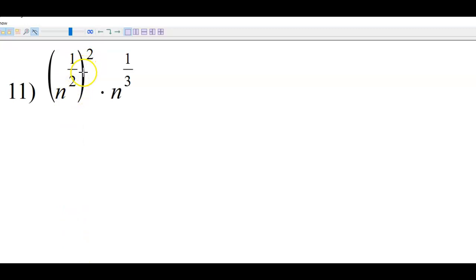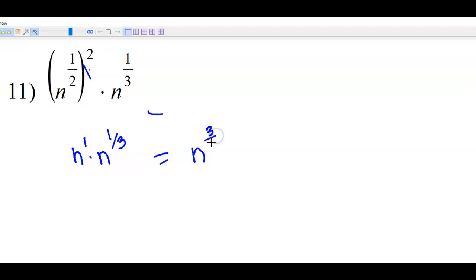So n to the 1/2 squared: if I multiply 2 over 1 times 1 over 2, that's going to give me n to the 2 over 2, which is just n. And then I've got times n to the 1/3. So multiplying 1/2 times 2 up here, I'm just getting a first power, right? So now this is going to equal n to the 1 plus 1/3.